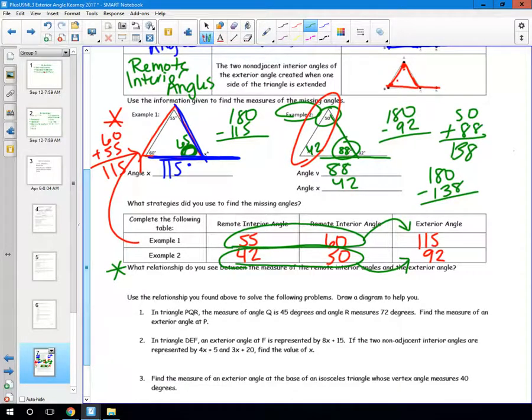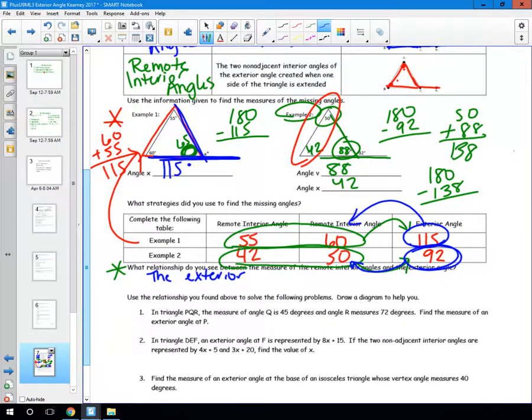So for me, I see that the exterior angle 92 is actually the sum of the two remote interior angles. 42 plus 50 gives me 92, and I also see that 115 is the sum of 55 and 60.